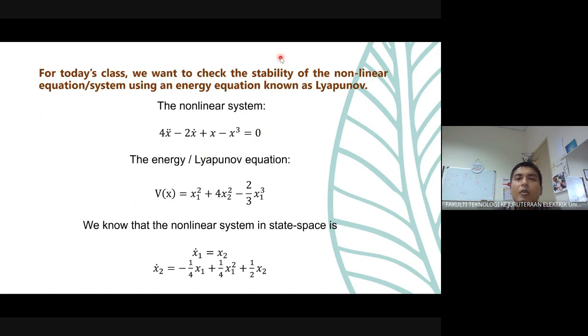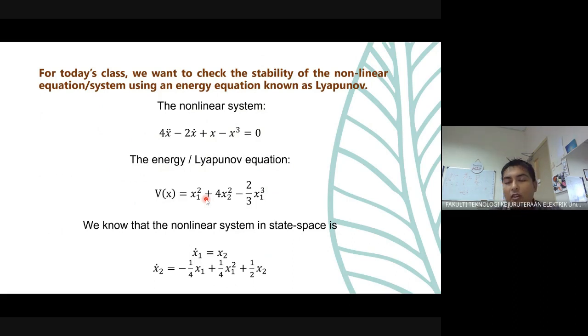Now we want to check whether the system is stable or unstable. The nonlinear system is the same question, and then we have the energy or Lyapunov equation here. We want to check this nonlinear system's stability using this energy equation.